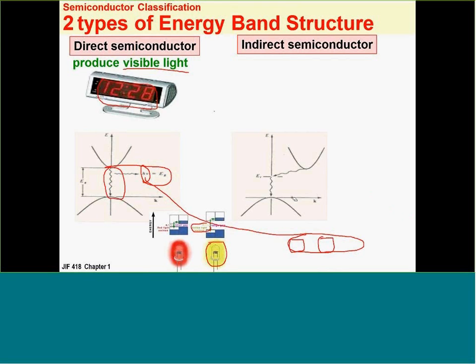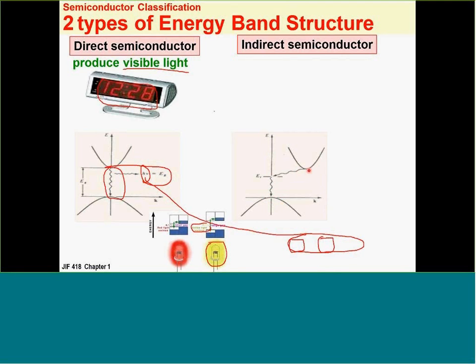If you look now, you see that compared to the direct semiconductor, the lowest part of the conduction band is not at the same vertical axis as the top of the valence band.